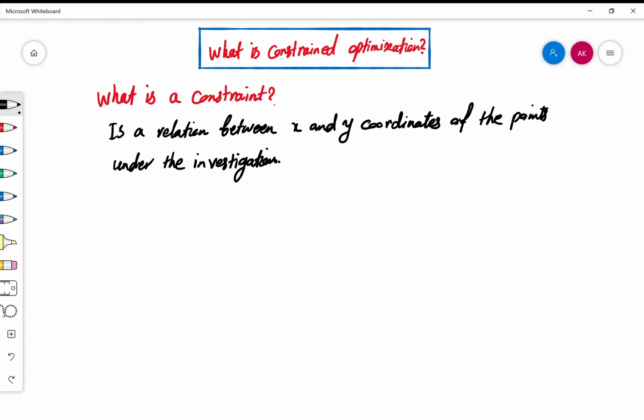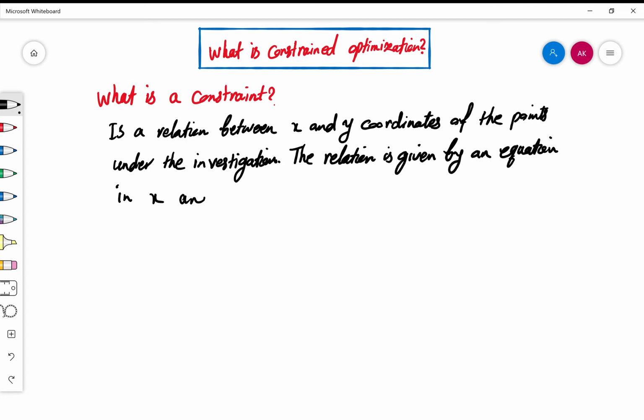But how do we write this relation? So the relation is given by an equation in x and y. If you have an equation in x and y, that's basically a constraint.